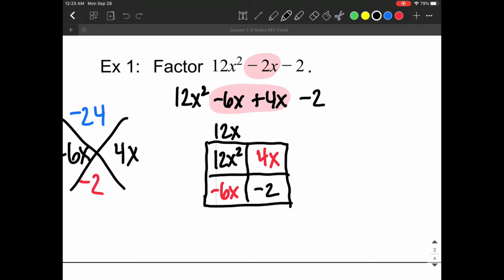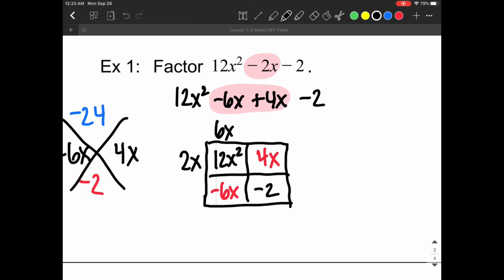So I can't use 12x. So the next thing down would be 6x and 2x. Let's see if I could use that. Well, I couldn't put 6x here if I wanted to, but I could put 6x here because 6x times a whole number could give me negative 6x, but 6x times a whole number would not give me 4x. So I have 6x on the top, which means I would have 2x here.